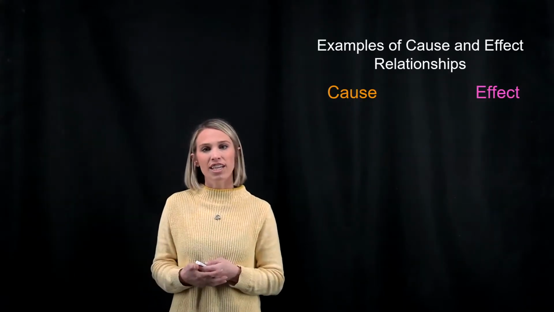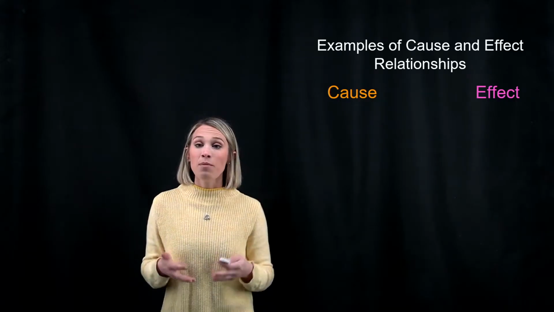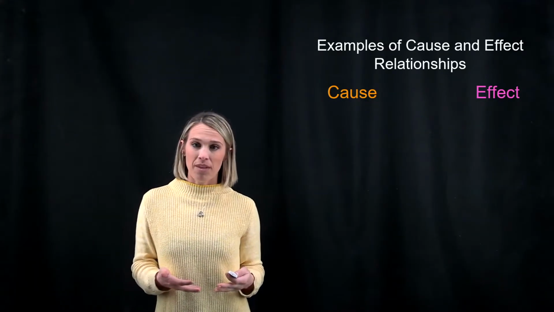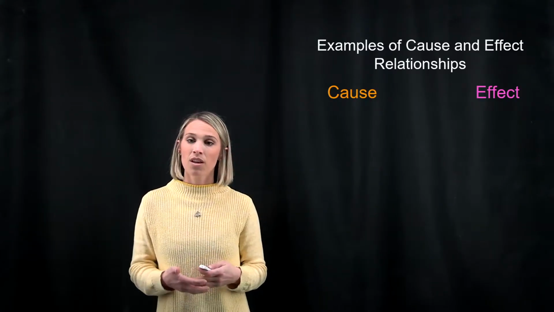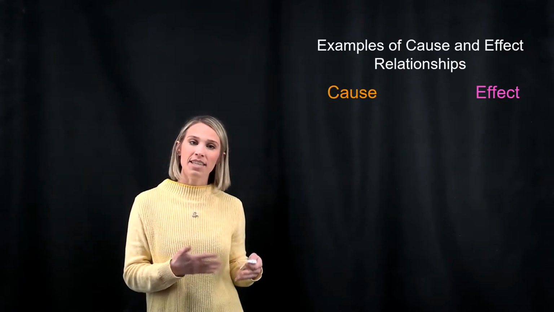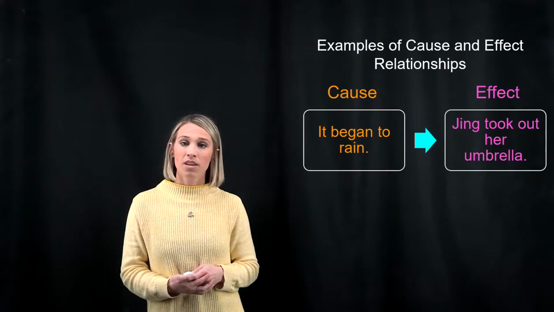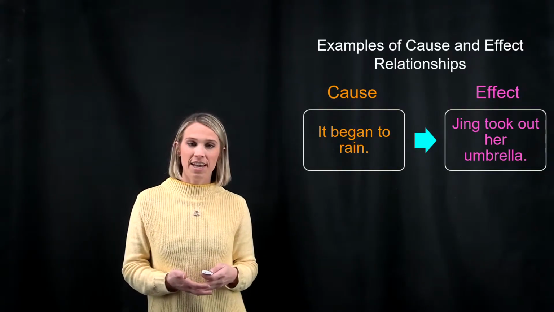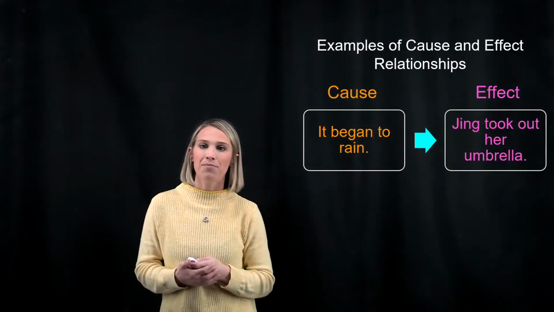So let's take a look at two examples of cause and effect relationships. I'm going to read aloud each of them and then model how to identify cause and effect relationships. The statements in orange are the cause, and the statements in pink are the effect. The first cause-effect statement says, "It began to rain, and Jean took out her umbrella."